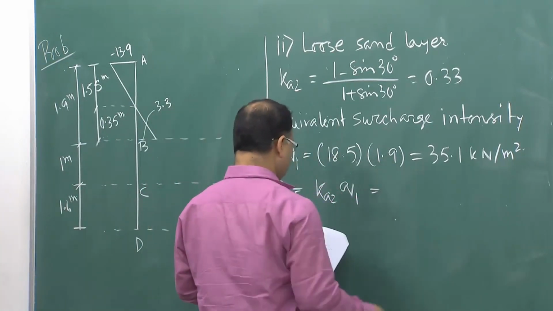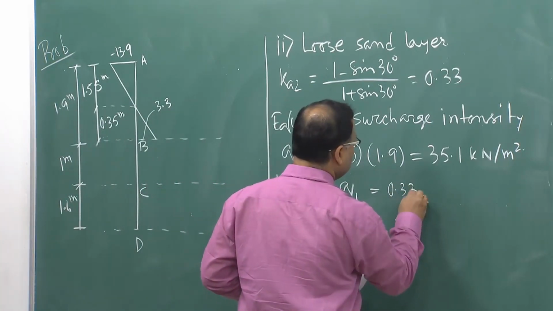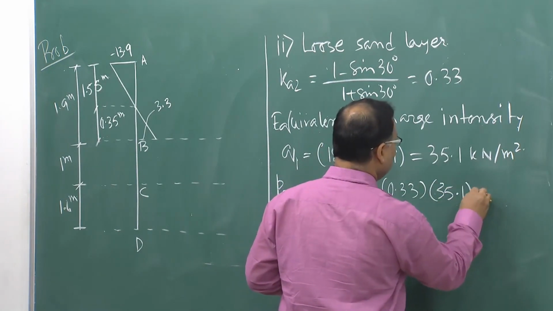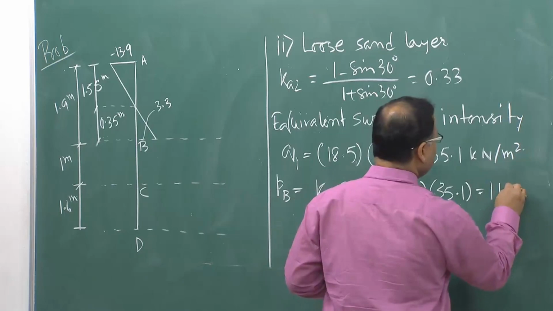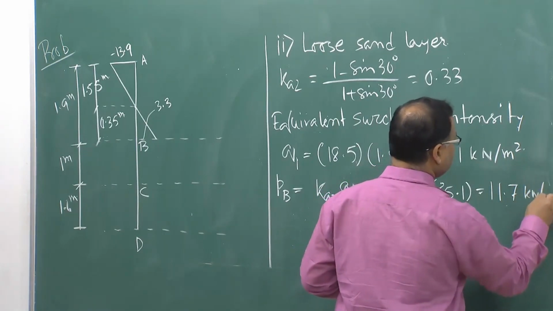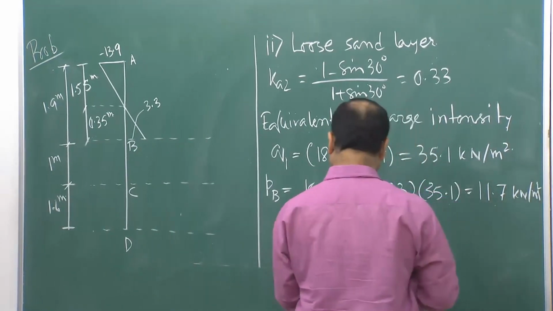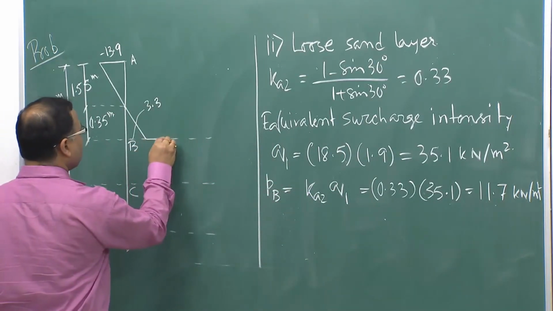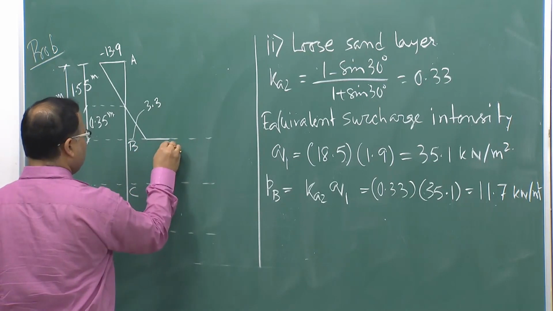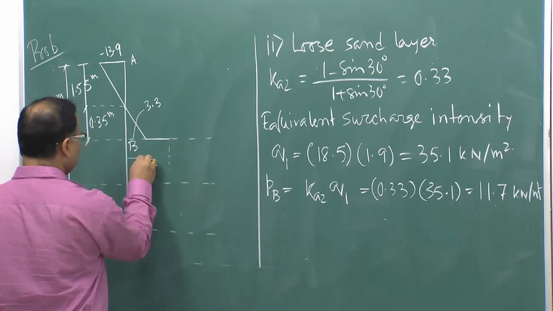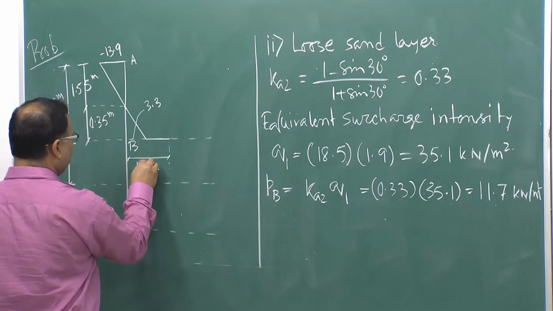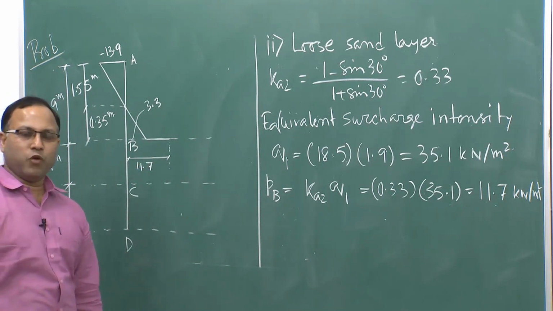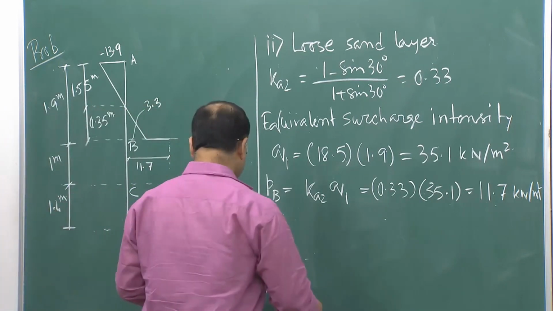So, that gives me 0.33 into 35.1 is equal to 11.7. So, you will be getting some increase, and that is your 11.7, that is the jump, right, at point B. Okay.